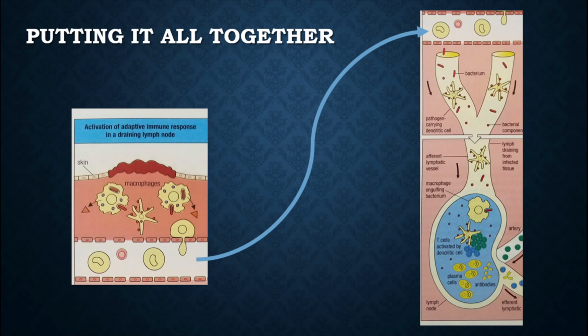If that doesn't work, then dendritic cells migrate to the lymph node, where we have B cells and T cells coming in all the time and scanning dendritic cells and follicular dendritic cells. If an antigen is present because it hasn't been eliminated by the innate response, then we activate our adaptive response.